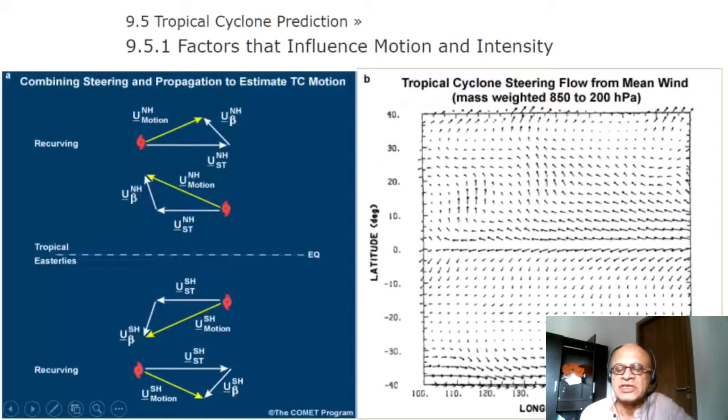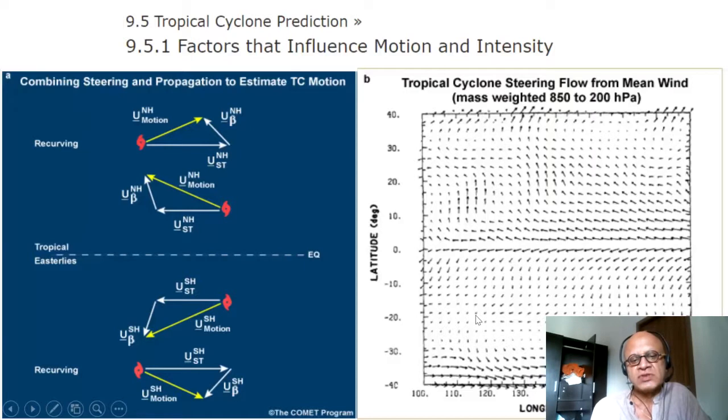You can see the equator is here, easterlies on both sides. Let's focus on the northern hemisphere. The steering winds mass weighted are shown here with the cyclonic circulation added. So you can see the addition of the counterclockwise circulation and the recurving winds happening here as well, and the other way in the southern hemisphere.